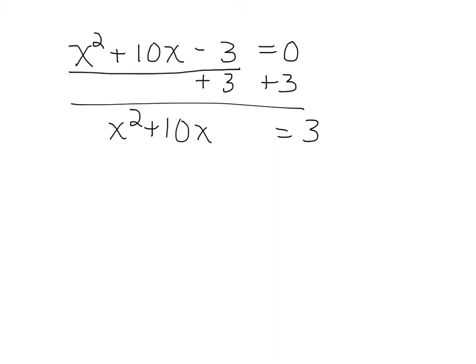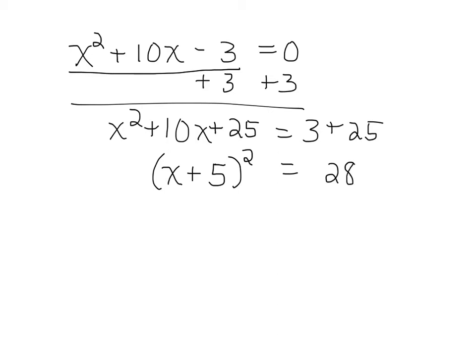And from there, I can complete the square. To make this a perfect square trinomial, I add 25. And if I do it to one side, I do it to the other. I now express this as a perfect square. x plus 5 squared is equal to 28.